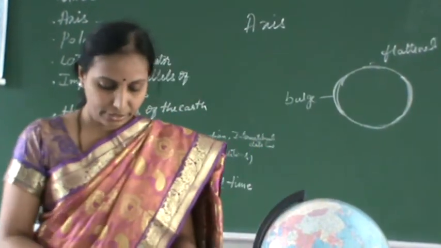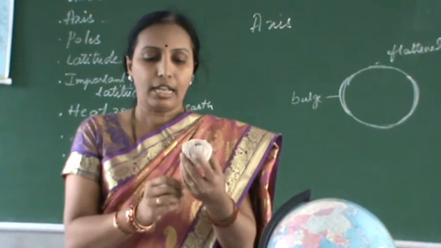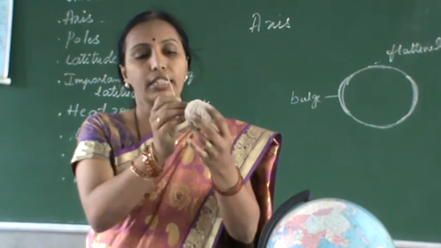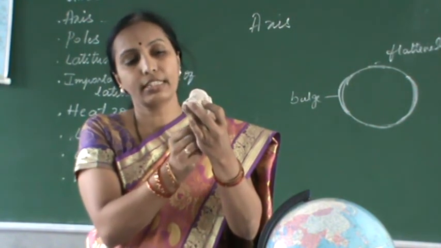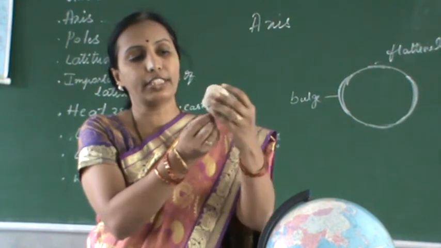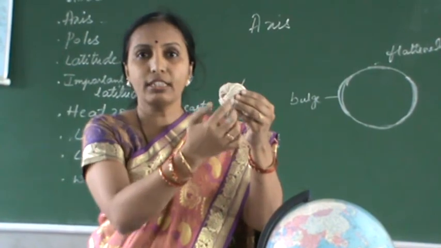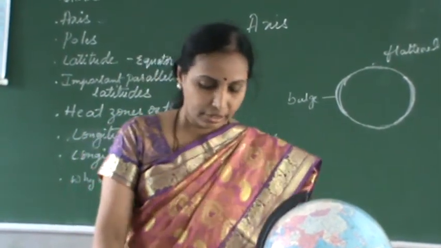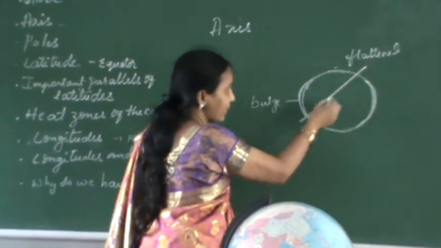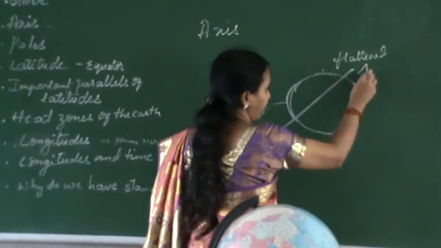As I will show in this example, you see the needle is in a tilted manner, in a little slanting way. That means the axis is tilted, and it rotates.